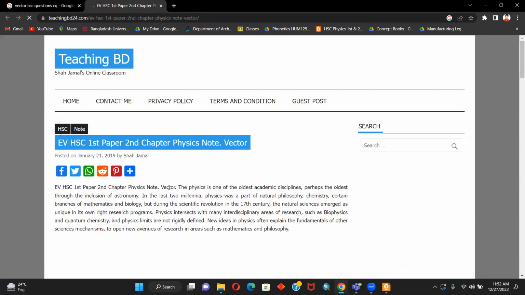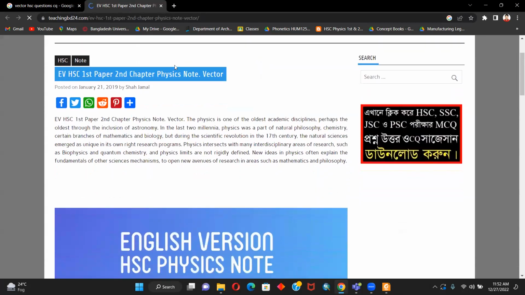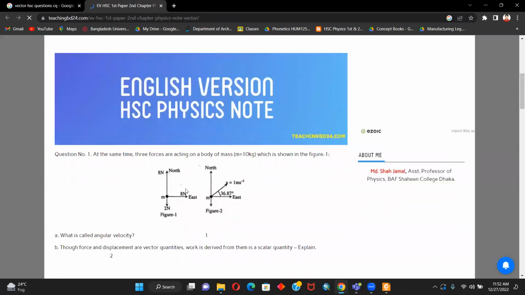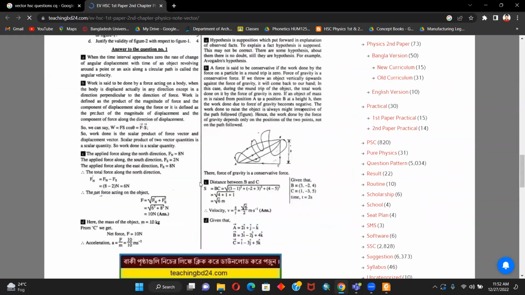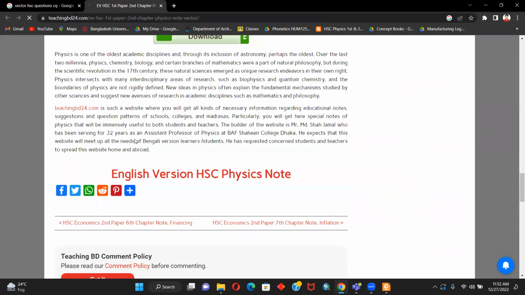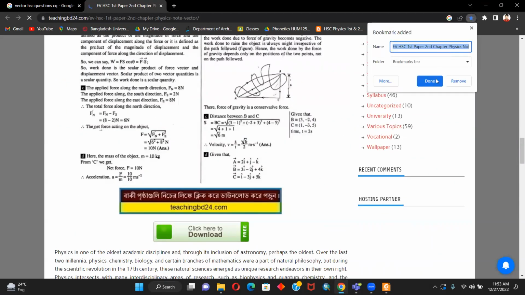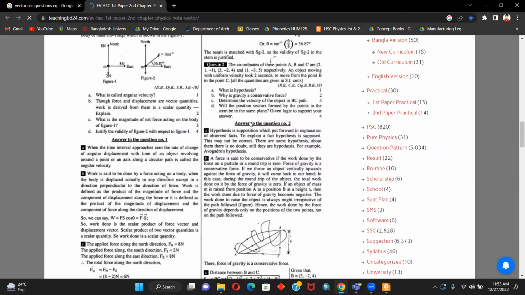We've got the English version HSC vectors as well. I might as well download this, I'll download it later. Let me just bookmark it for the time being.